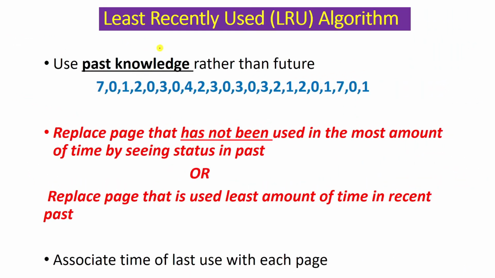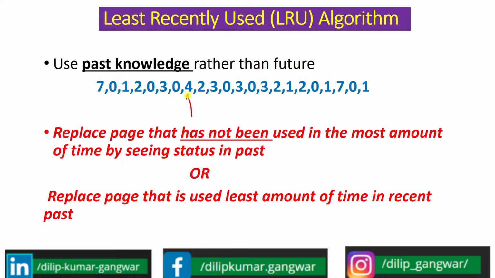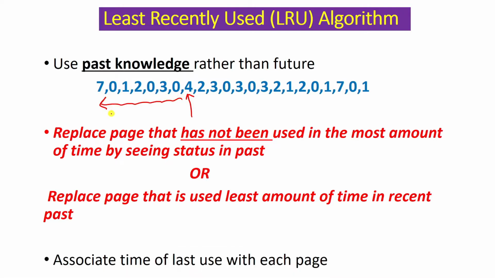Just for review, the LRU algorithm uses the past knowledge rather than the future. That means if we are at a particular page and we have to put this page into the main memory or into the frames, then out of the pages in the frames I will decide which page I should replace by looking at the pages in the backward direction. In the optimal one I was checking in the forward direction.